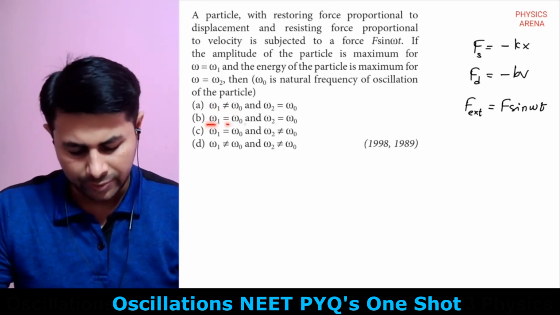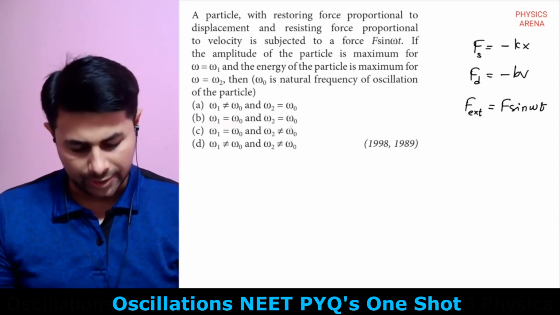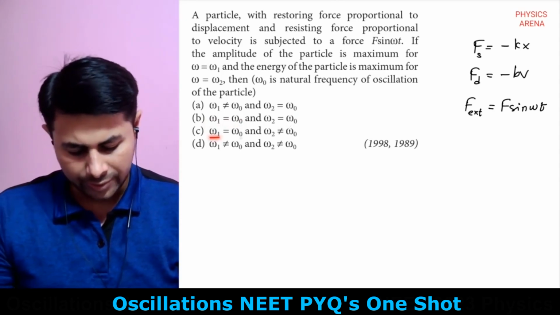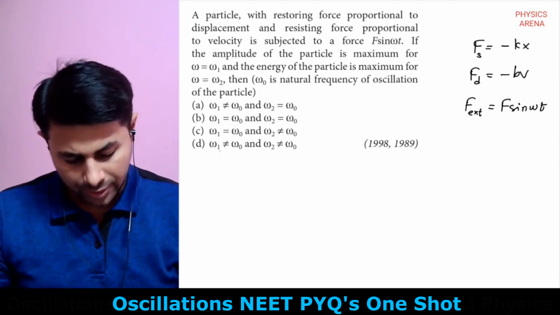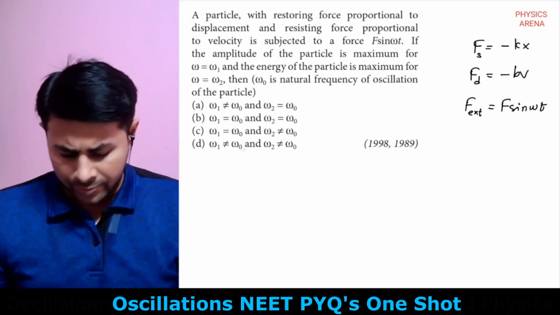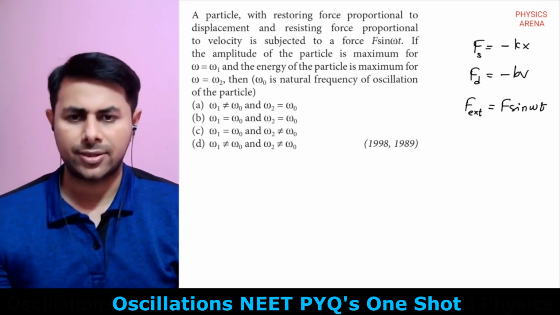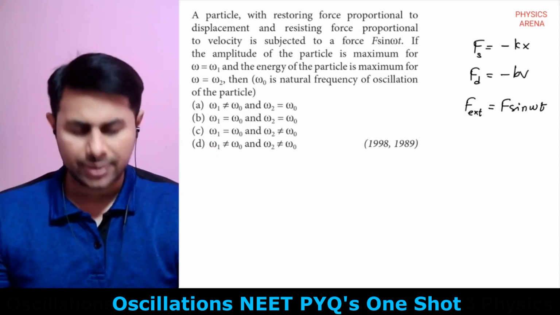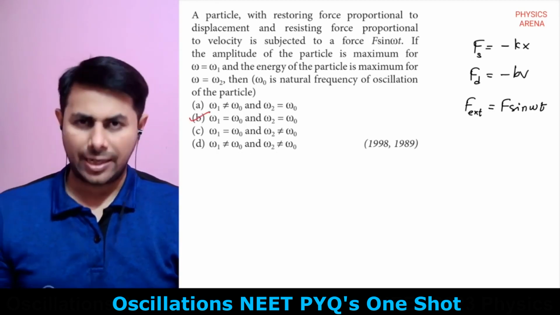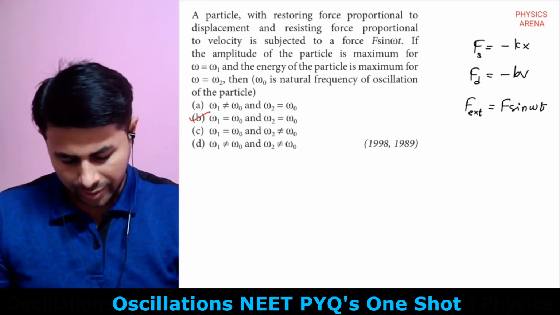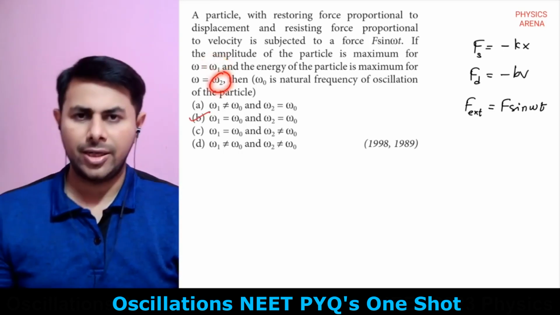Omega 1 is equal to omega naught and omega 2 equals omega naught. Omega 1 equals omega naught and omega 2 is not equal to omega naught. Or omega 1 not equal to omega naught, omega 2 not equal to omega naught. Tell me what will be the answer. So this is simple actually. Amplitude is maximum at omega 1 and energy is maximum at omega 2.